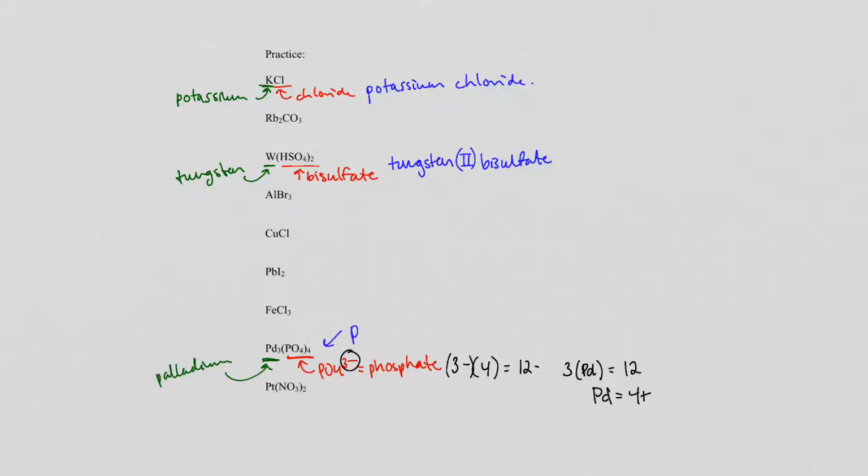So we can say the name is palladium(IV) phosphate. And that's all you need to do. So 2 of those transition metal examples, 1 of them not transition metal. Go ahead and do the rest of them on your own for extra practice.